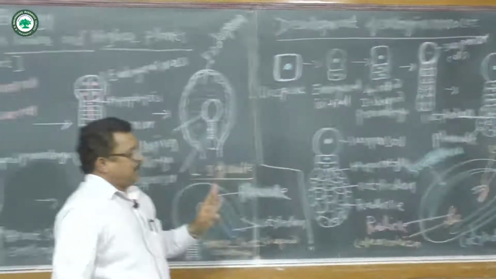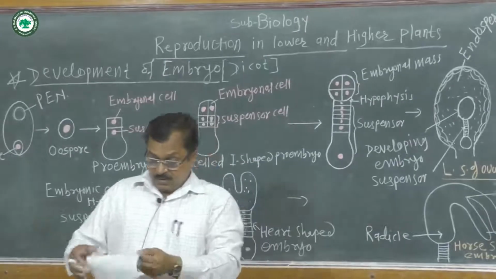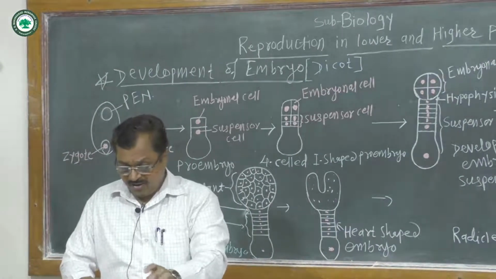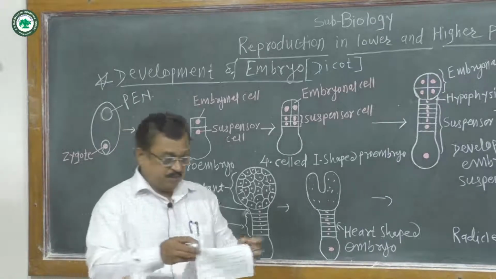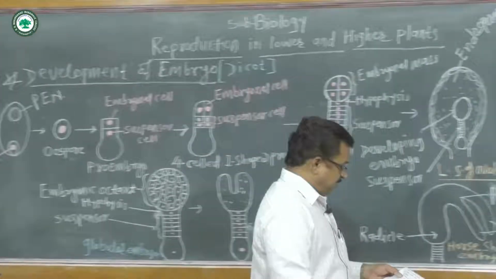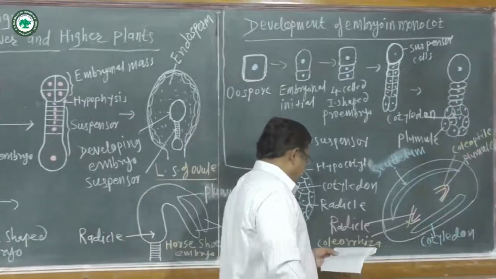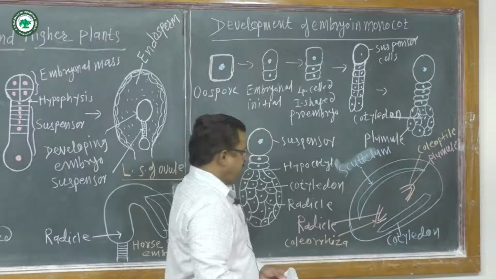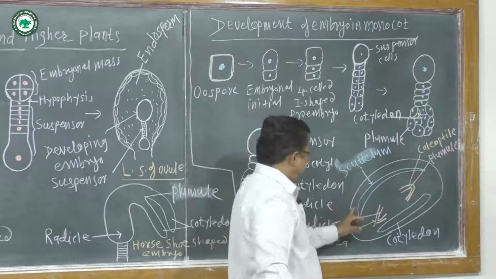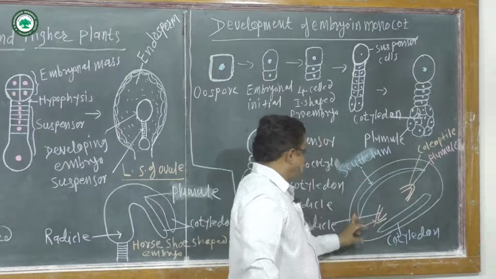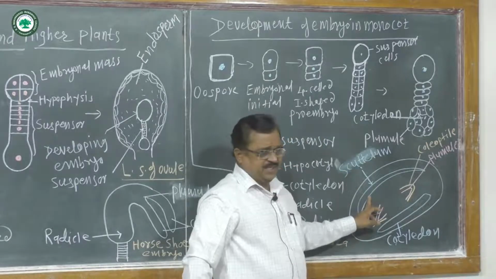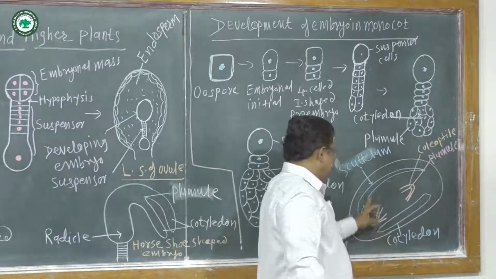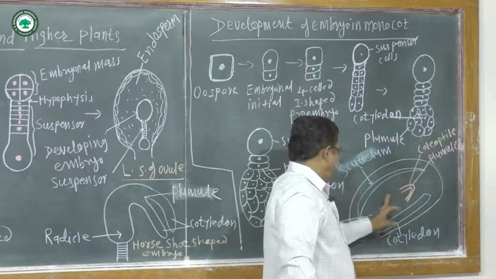Then in monocot the single cotyledon occupies a terminal position and the plumule is lateral. In the monocot plant the shield-shaped scutellum is present.